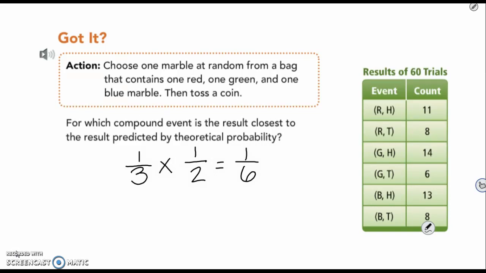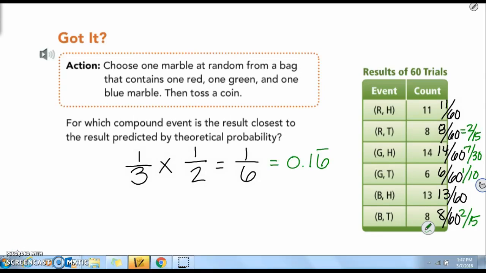If we look at our probabilities here, we would have 11 over 60, 8 over 60, 14 over 60, 6 over 60, 13 over 60, and 8 over 60. Now we can simplify to determine which is closest to the theoretical probability.